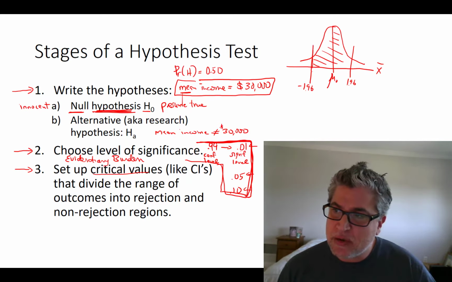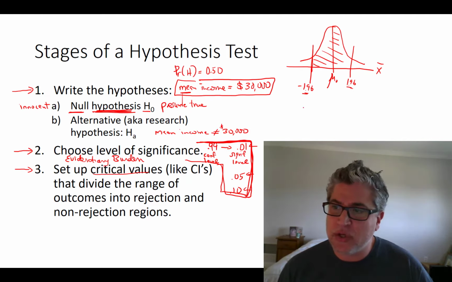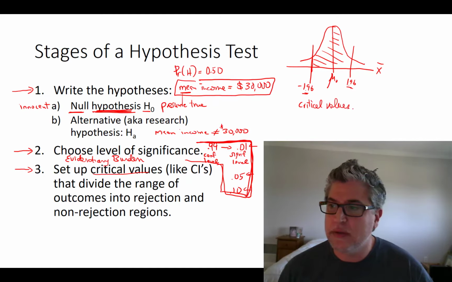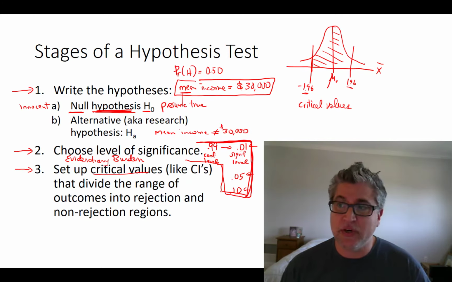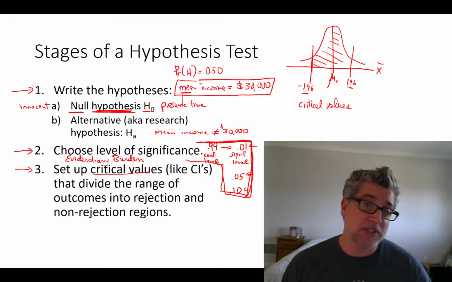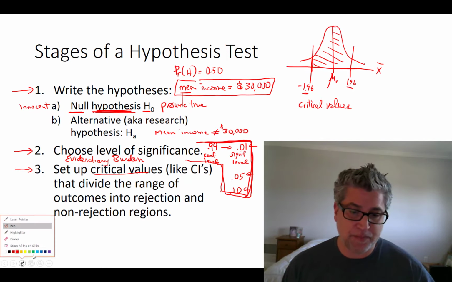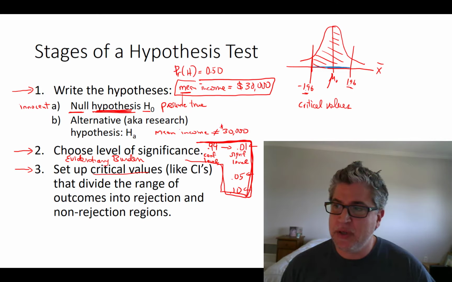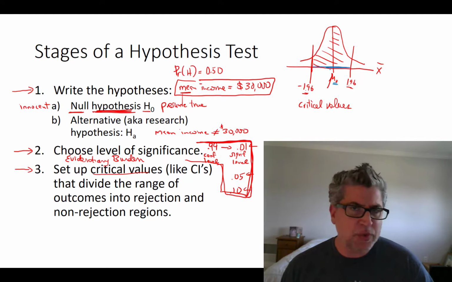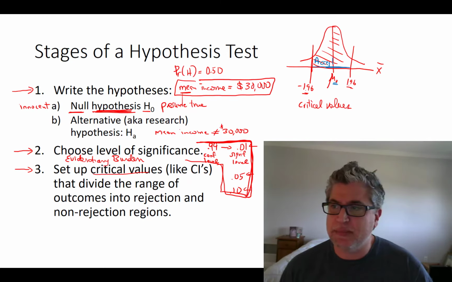These values here, those are called critical values. And they kind of determine the bounds of what you consider consistent with the null versus inconsistent with the null. So inside these critical values, it's consistent with the average. You would expect some plus or minus. So you call that the acceptance region.